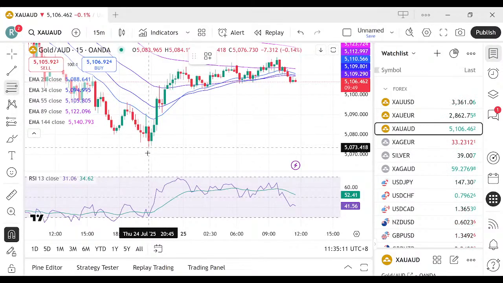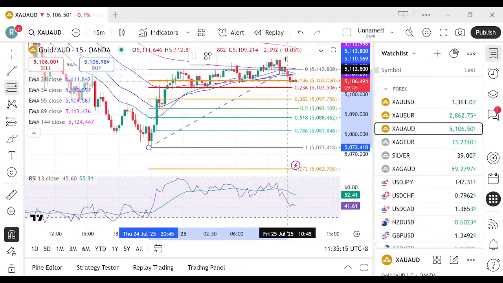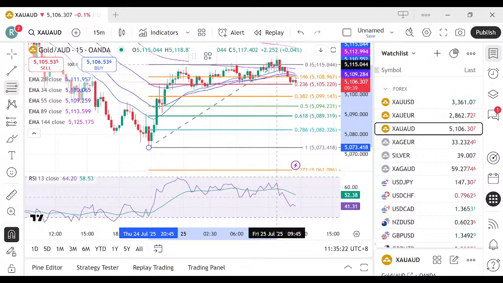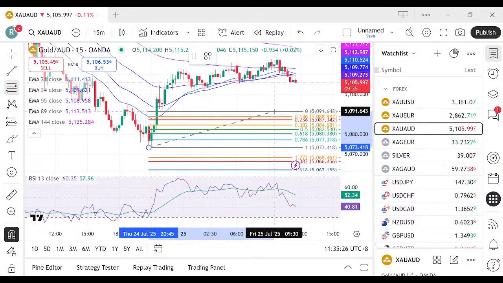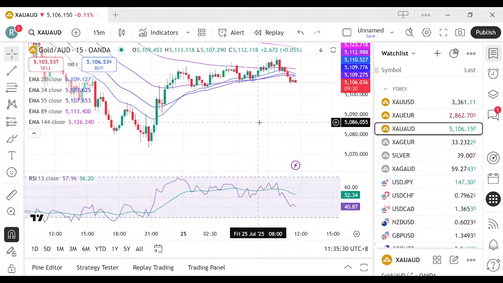So maybe we will try to take, let me see the retracement level. Yeah, we'll take it as 83. 83 as our scalping target. Very conservative.